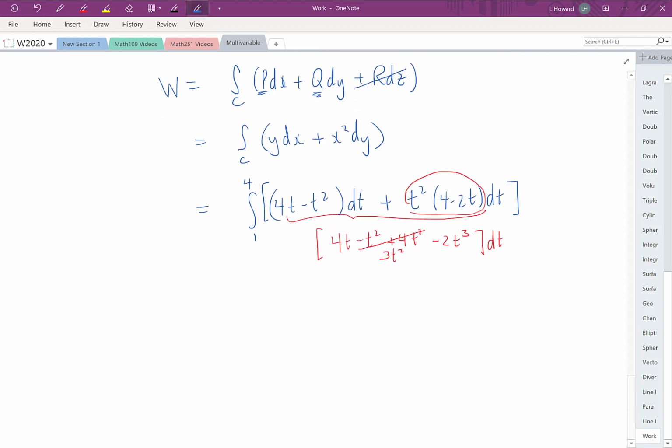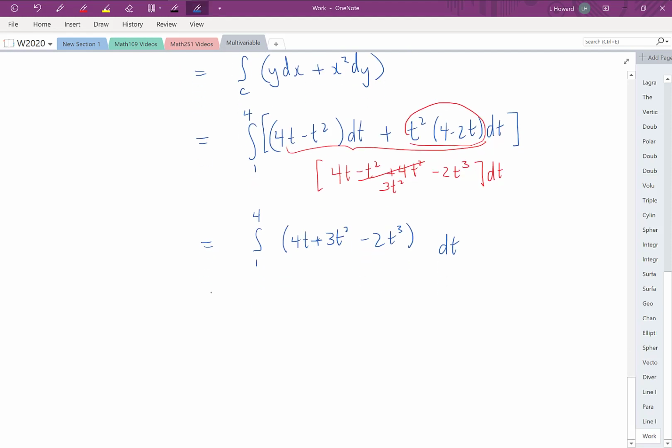And I might just write a cleaner version of that on the next line before we do our integration. So we're integrating from 1 to 4, the differential is dt, and what we're integrating is 4t plus 3t squared minus 2t cubed. Looks great. So let's go ahead with our integration.